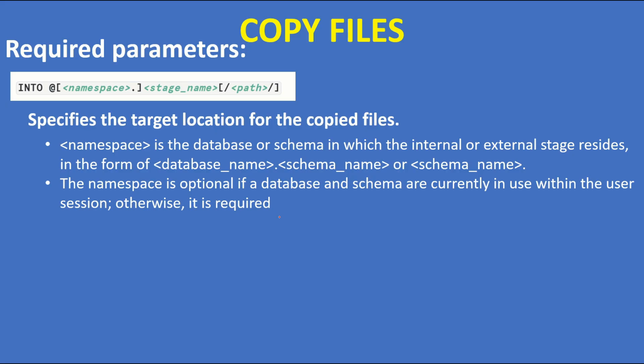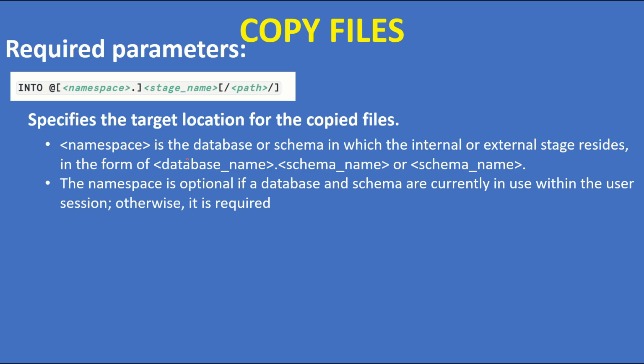The namespace is optional if the database and schema are currently in use within the user session. So if you have set USE DATABASE and USE SCHEMA in your session, then you need not use the namespace, you can directly use your stage name.